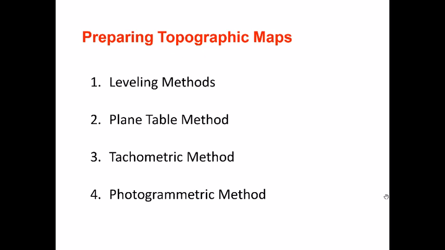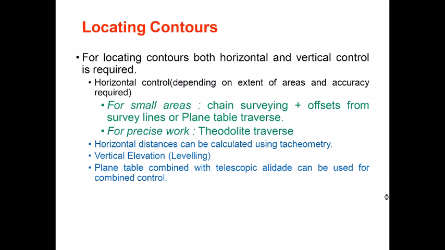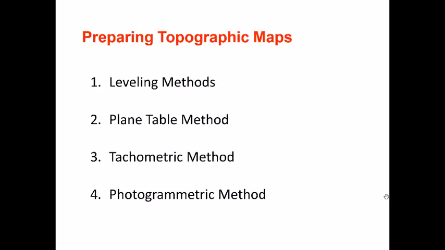And secondly, since the reduced levels that you calculate are at a distinct location, and the contour map tells you which point is at what elevation, that means in addition to the vertical control, you need to have horizontal control. So you need to know at what area or at what location in the XY plane is that point whose elevation is this much.